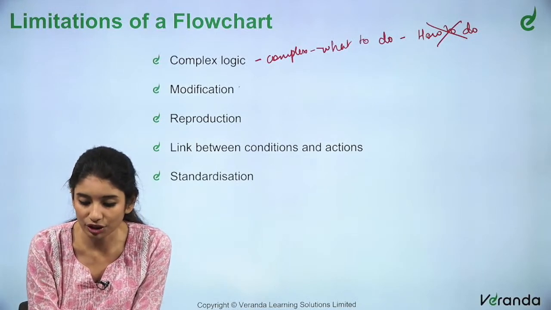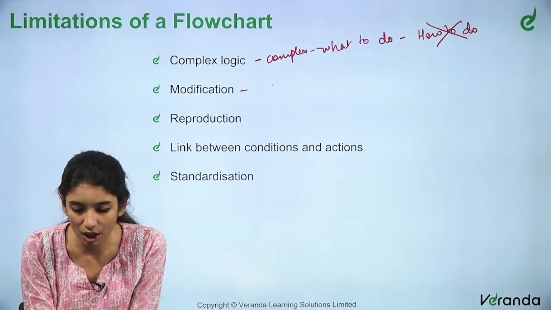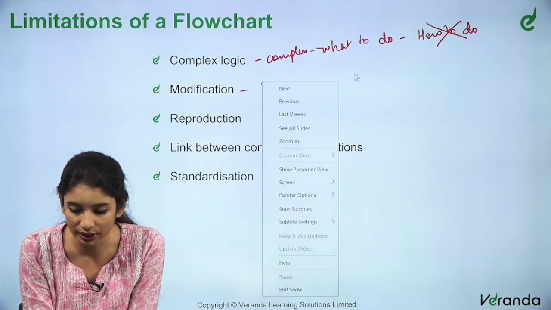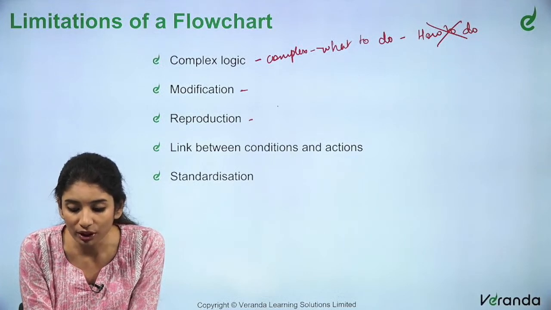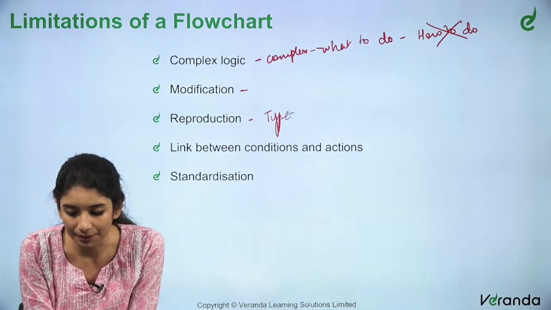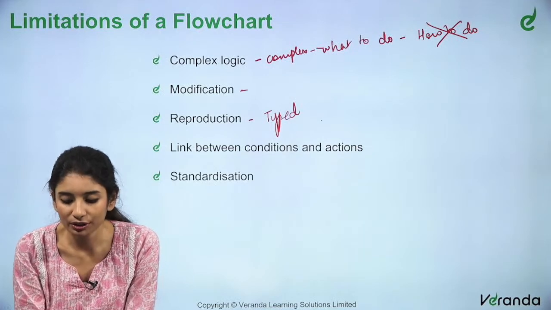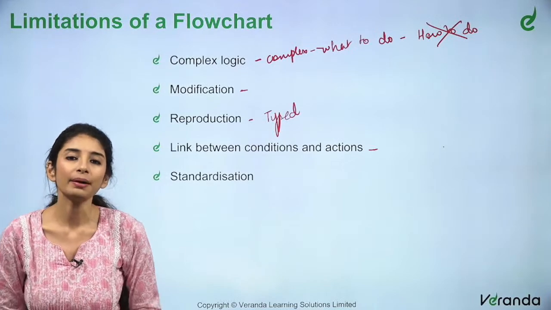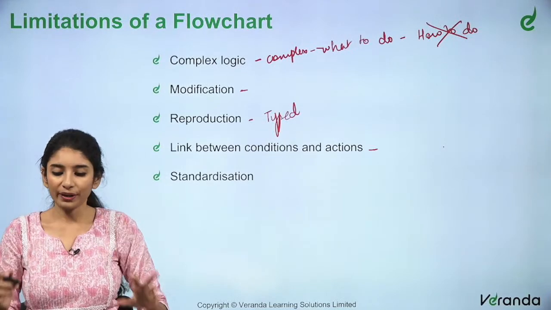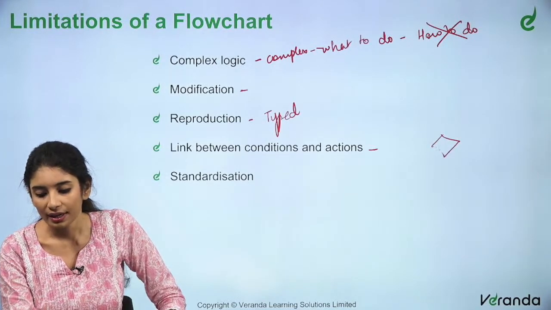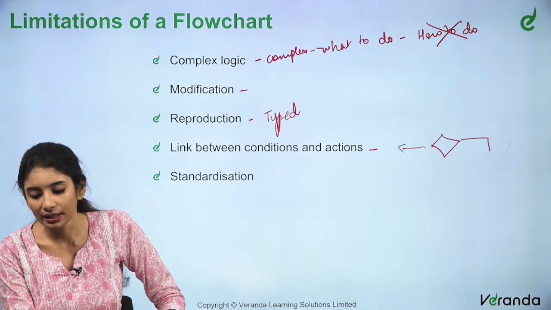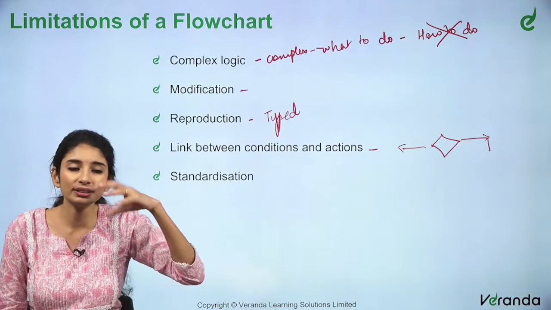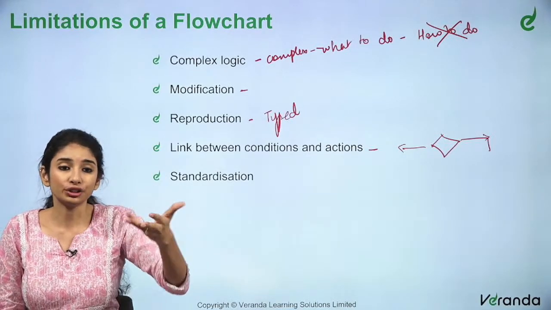Complex logic. Modification of a flowchart is not easy. You have to write it fully again from scratch. Reproduction is not easy because it cannot be typed. Modification not easy, reproduction not easy, cannot be typed. Link between conditions and actions: sometimes it is difficult to establish when you have too many process boxes, then it becomes difficult to link the conditions and what needs to be done if the conditions are met.